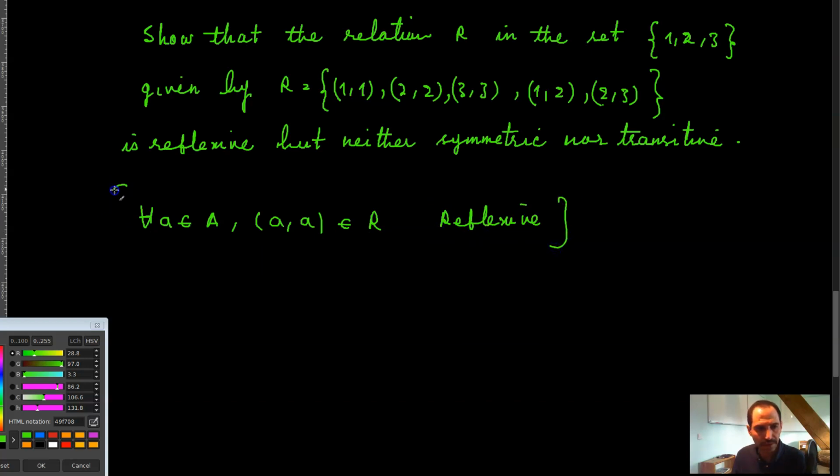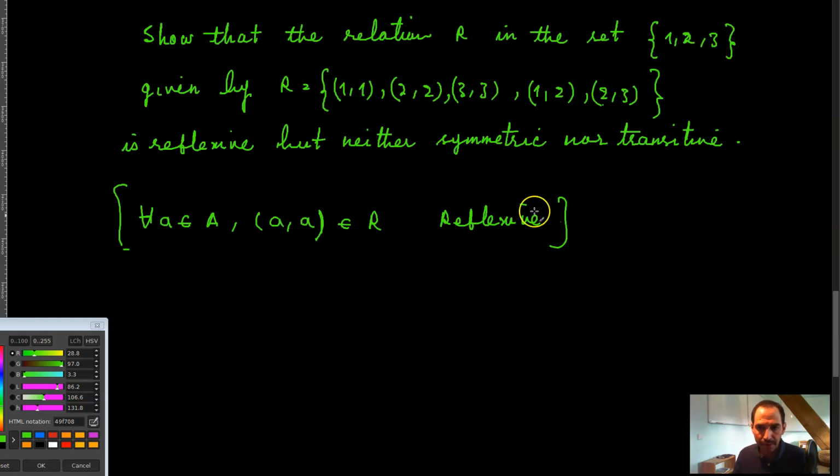Now, the set on which the relation is defined contains the elements 1, 2, and 3.